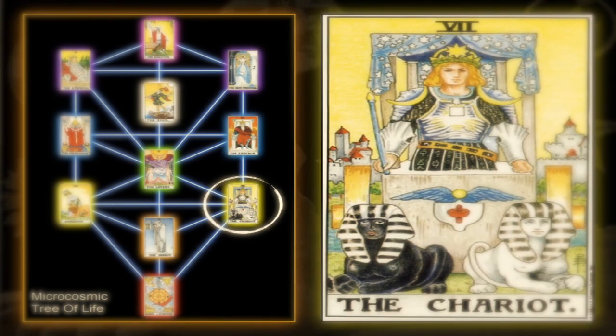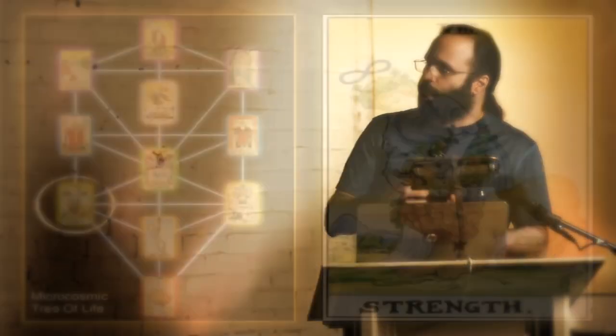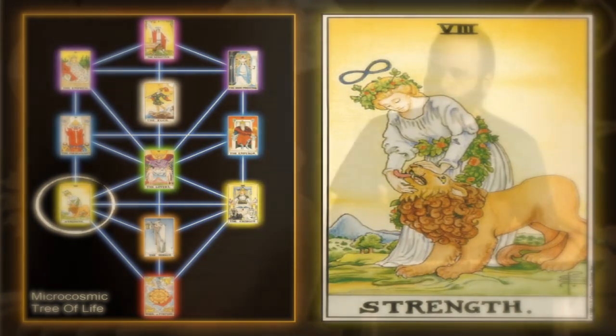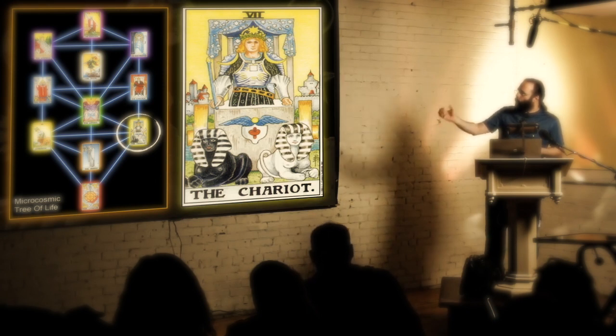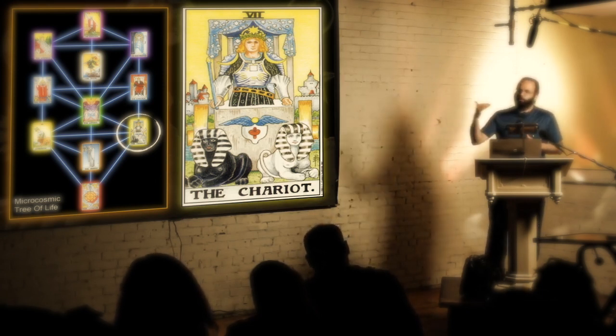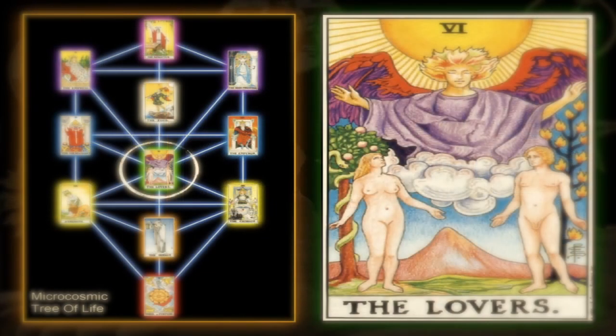So you had the one card with the woman holding the lion's mouth open fearlessly, which represents courage. Okay, that's an internal feminine quality. Now you have the masculine quality of getting things done in the real world, the will to act. Male and female.